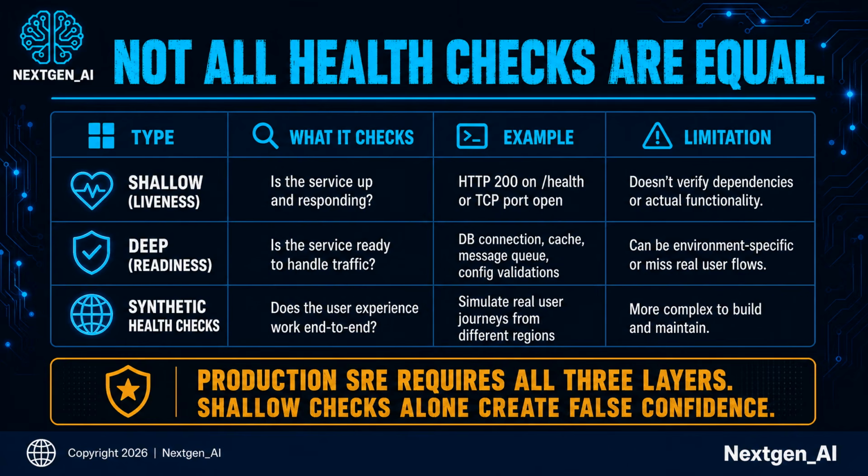While traces and metrics provide deep visibility into internal application state, you also need an external perspective. Synthetic health checks provide this by simulating user traffic from outside your infrastructure.